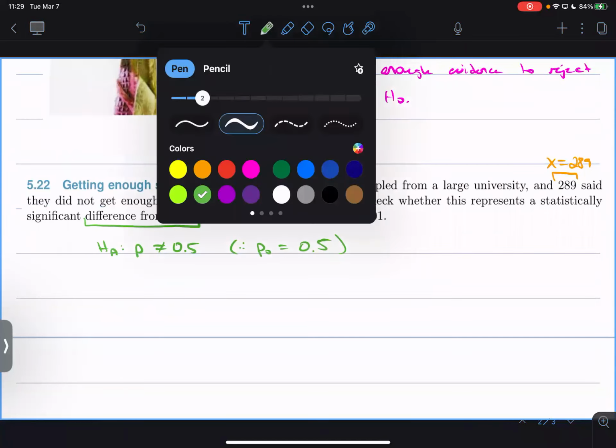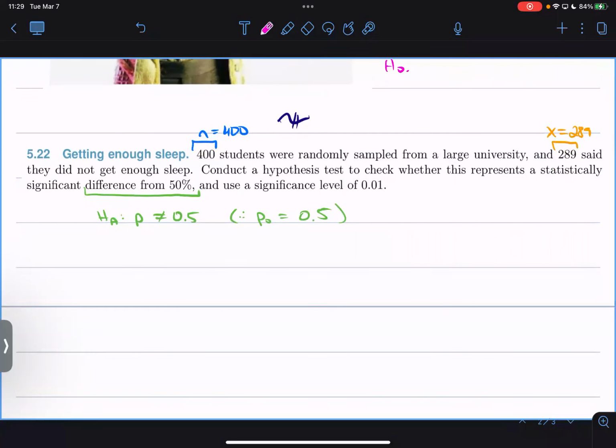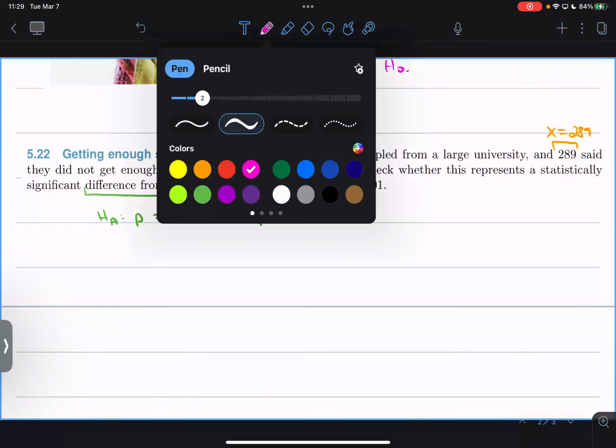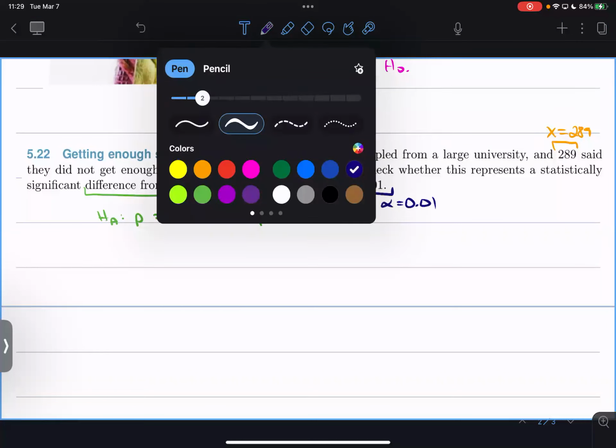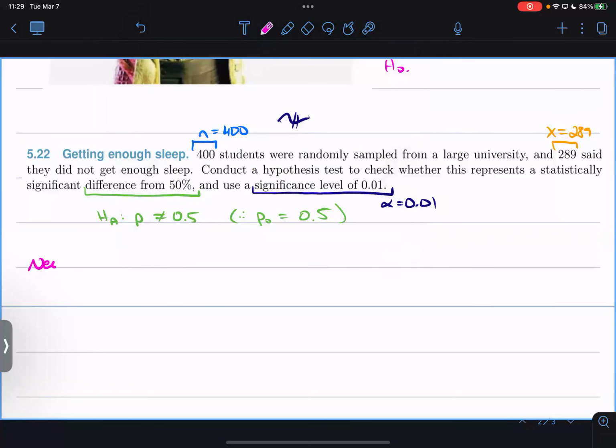What we haven't talked about yet, oh, I guess there's one last thing that I should say here. It says to let alpha be 0.01, instead of the default 0.05. Okay. This is what's new, which we haven't talked about, the conditions for a hypothesis test for proportions.